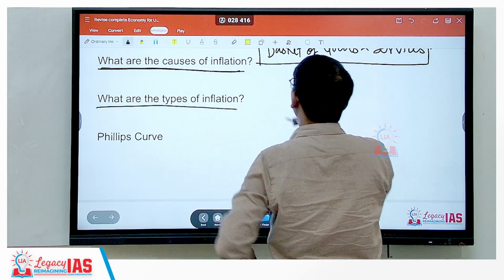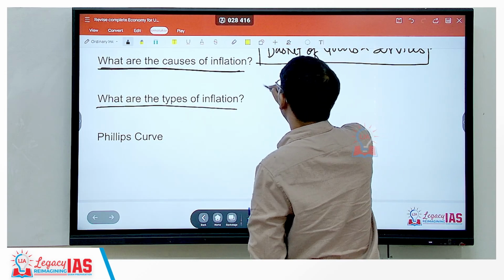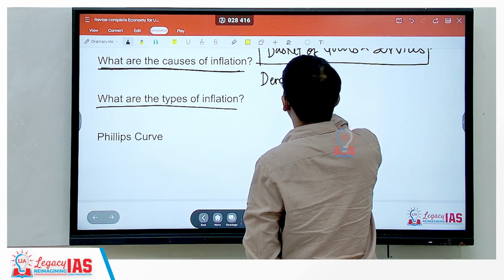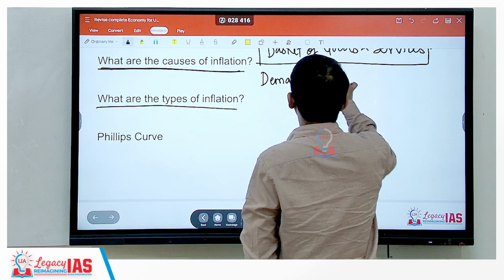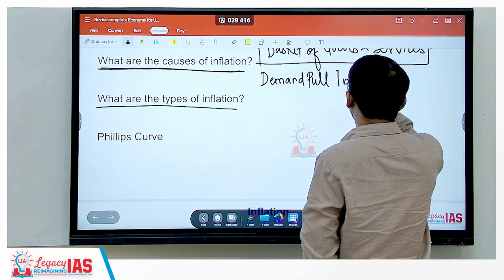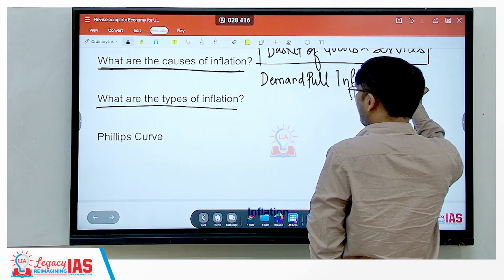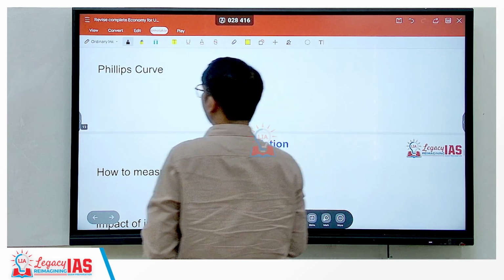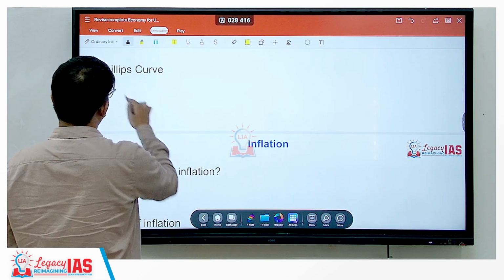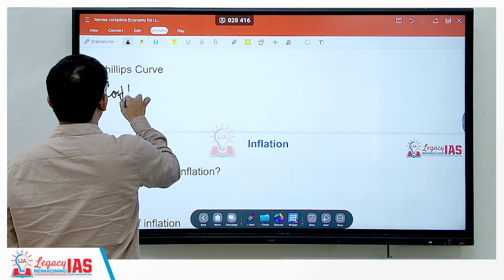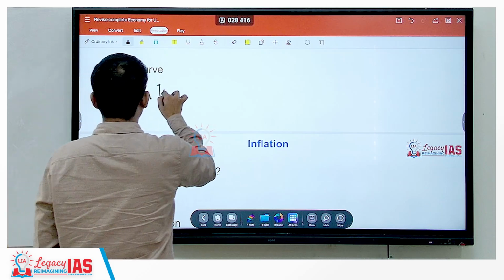So what are the causes? One can be demand pull inflation, and the other can be cost push inflation.